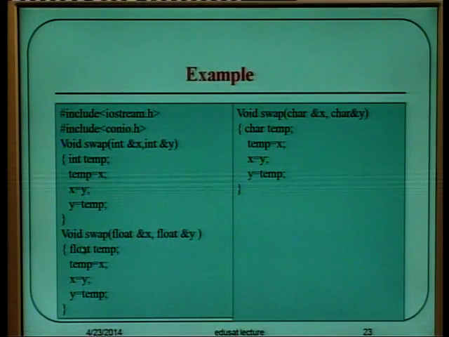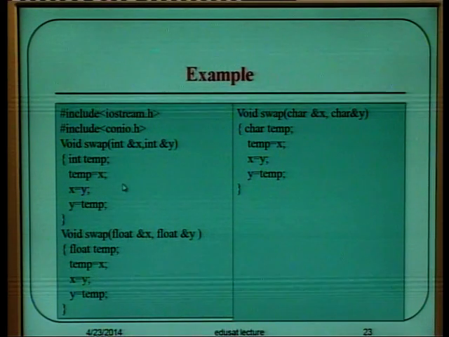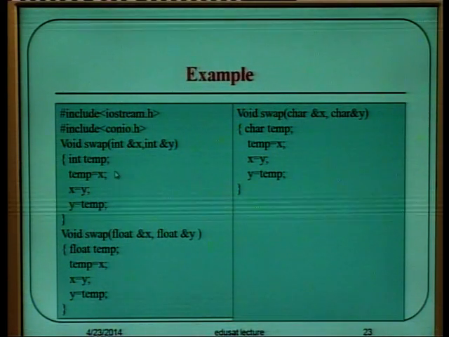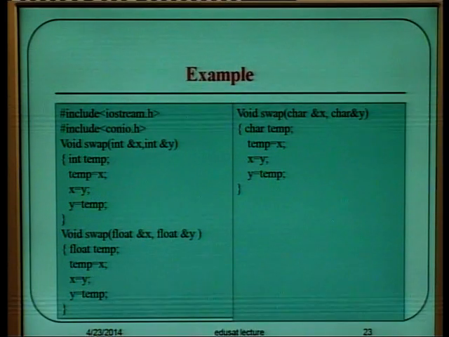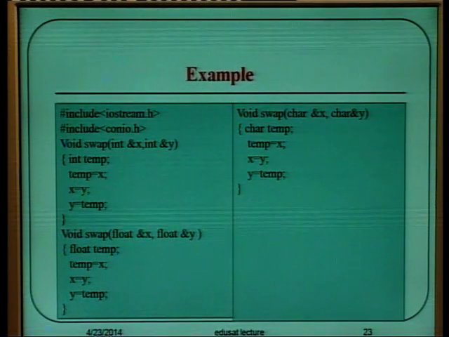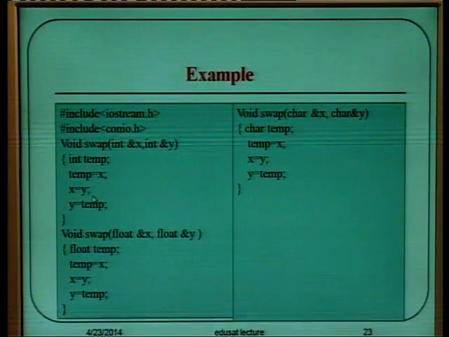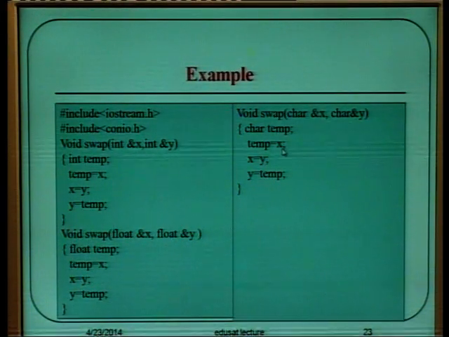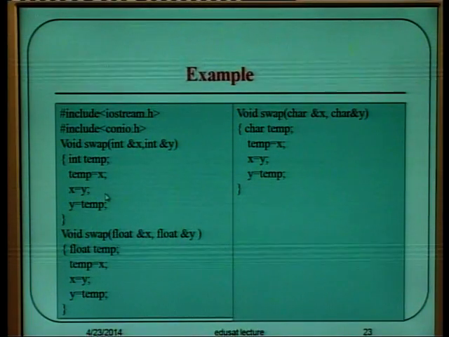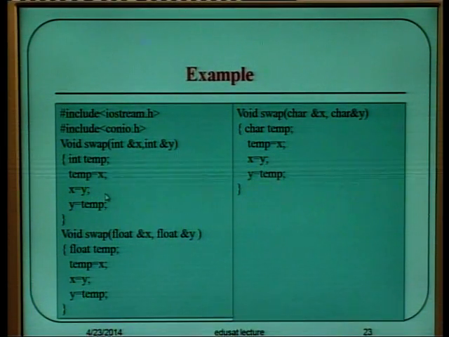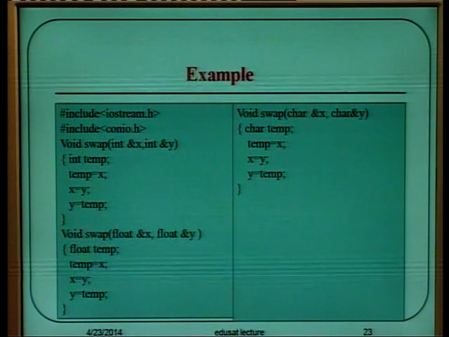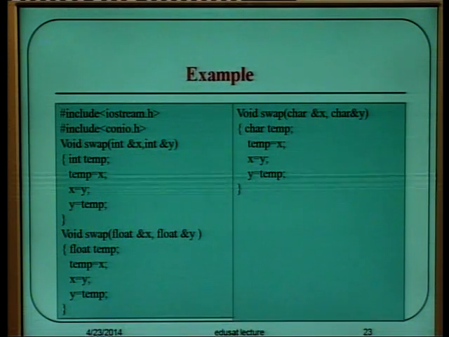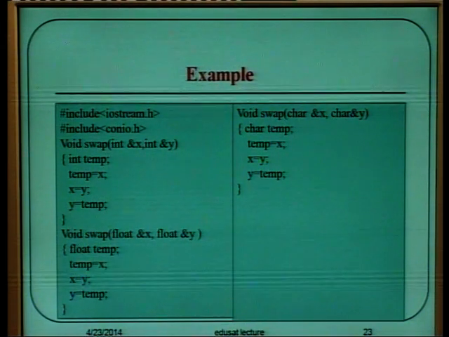So here we have three functions, and they perform different operations. One is for integer, another is for float, and the last one is for character. Their interior part is quite similar, but their values are different.